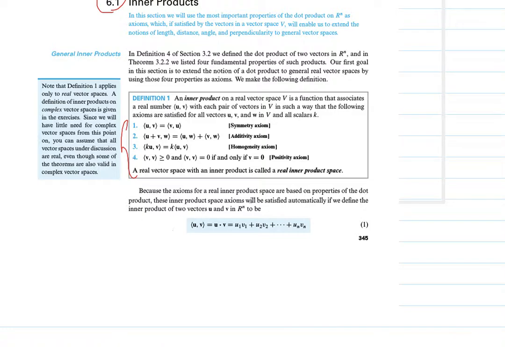Now for example, consider V equal to Rn. So you take any two elements U, V in Rn. So U will be of the form x1, x2, etc., xn, and V is of the form y1, y2, etc., yn.